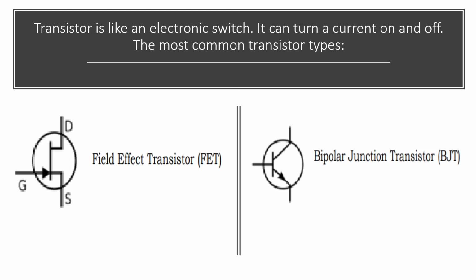Notice the difference between the two types of transistor. In the field effect transistor, the arrow is going into the system, while in the bipolar junction transistor, it's going out of the system.